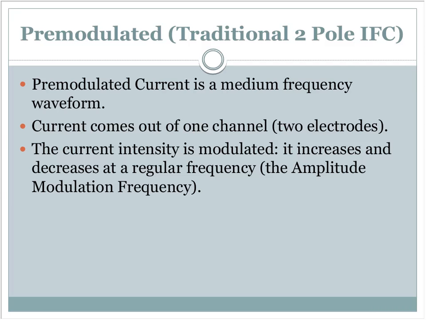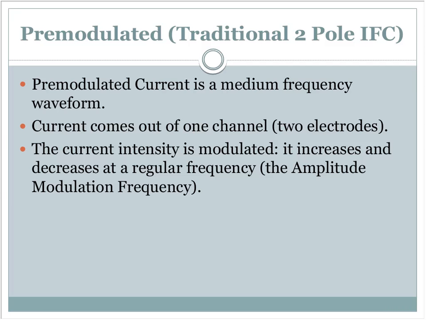What that does is it maintains the same amount of current provided to the individual, but changes the way it's being delivered. So as the intensity increases, the wave width decreases. And when the wave decreases in intensity, the wave width increases.